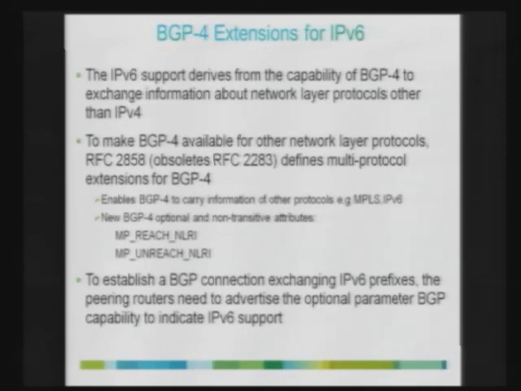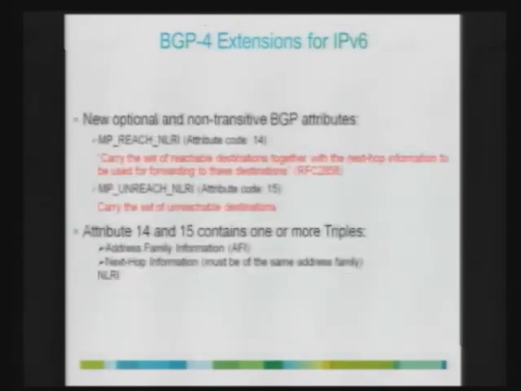And to support IPv6 and exchange the IPv6 prefixes, the peering routers should advertise in the BGP capability the support for IPv6 AFI as well. So these are the two key non-transitive attributes added to support IPv6, what I mentioned earlier.